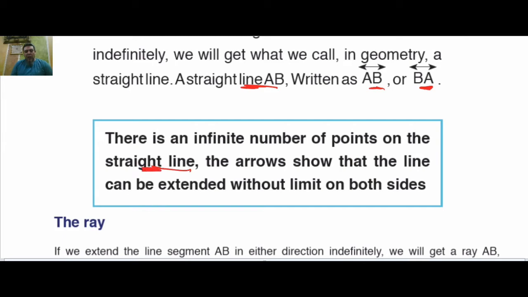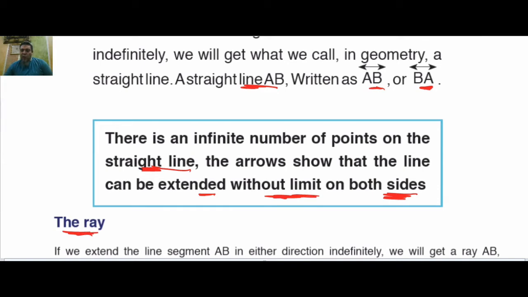The arrows show that the line can be extended without limit on both sides.